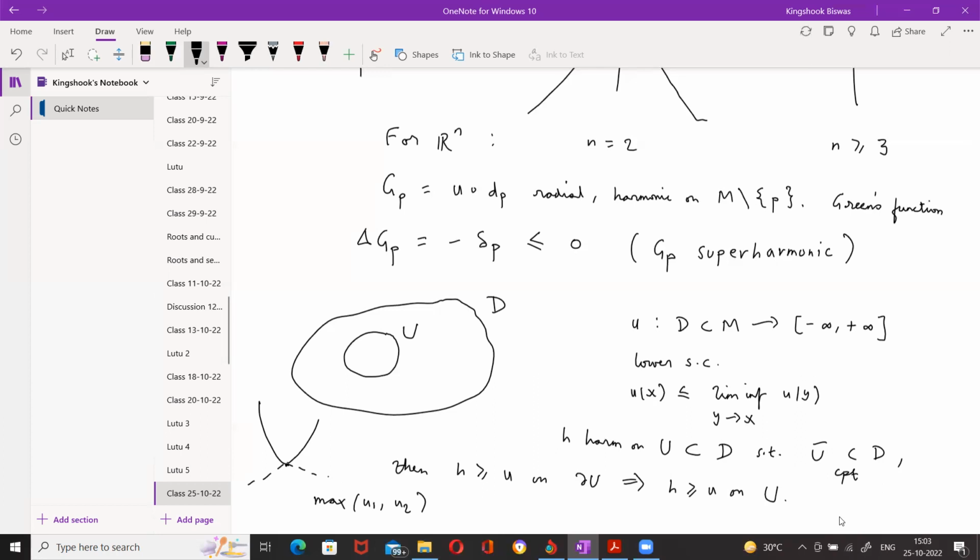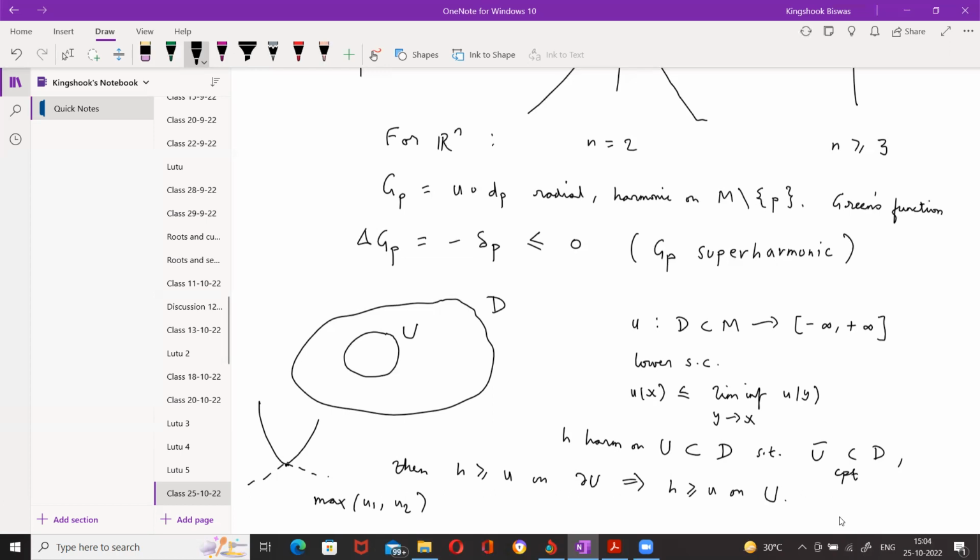If I take the maximum, I'll get this function, which is not smooth here. But it will be subharmonic according to this definition. So this is more flexible, and this is what we need for the Perron method. It's useful to be able to consider subharmonic functions which are not smooth. Hence this definition.